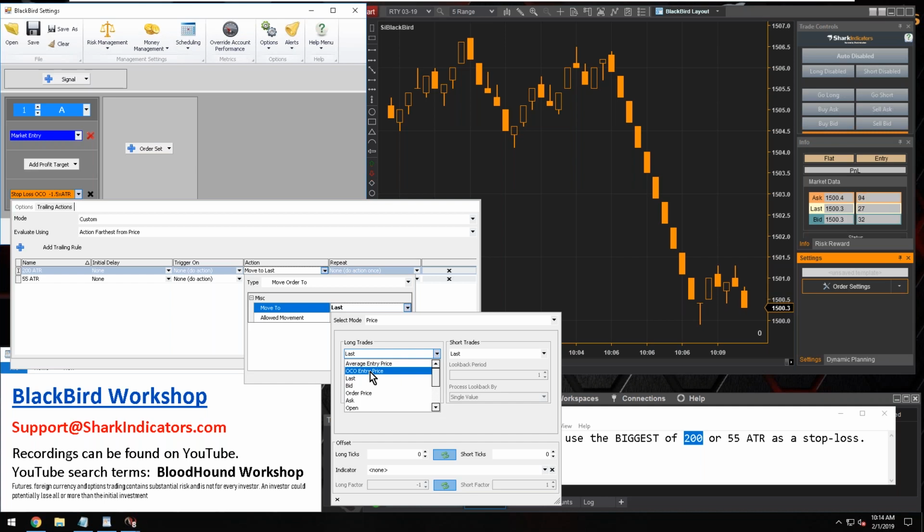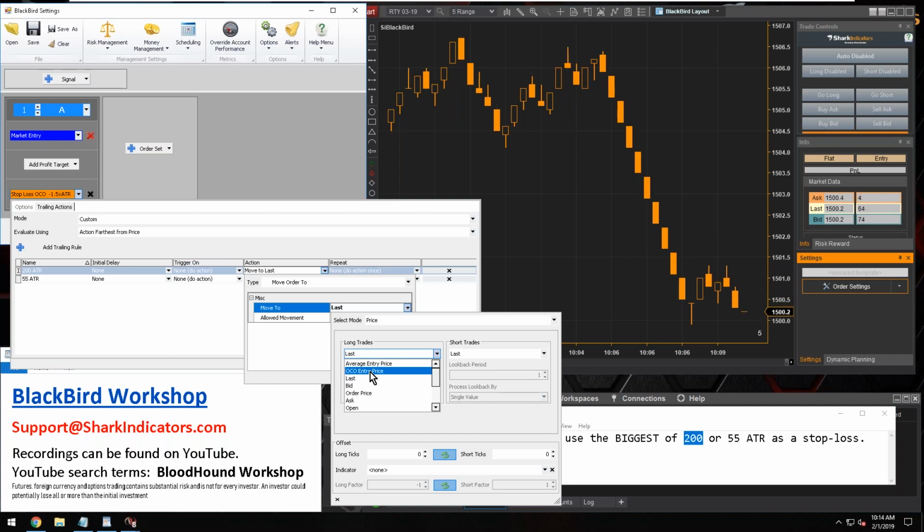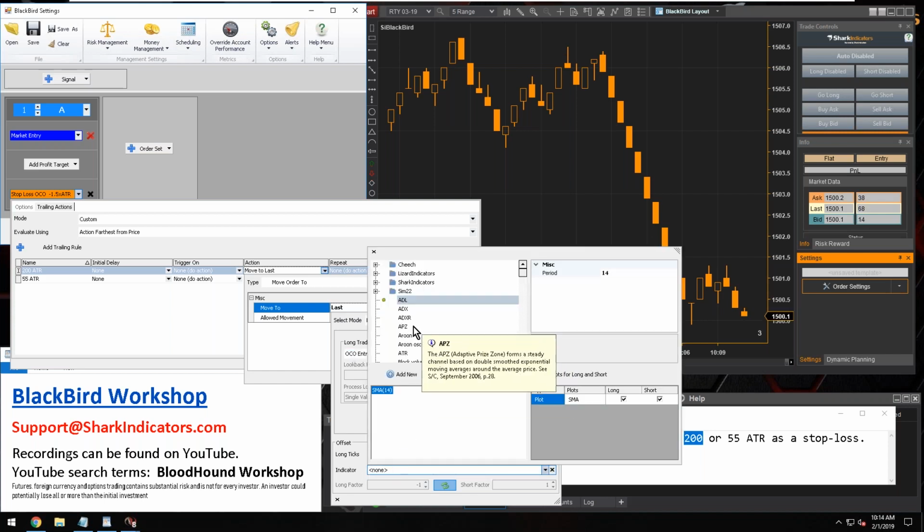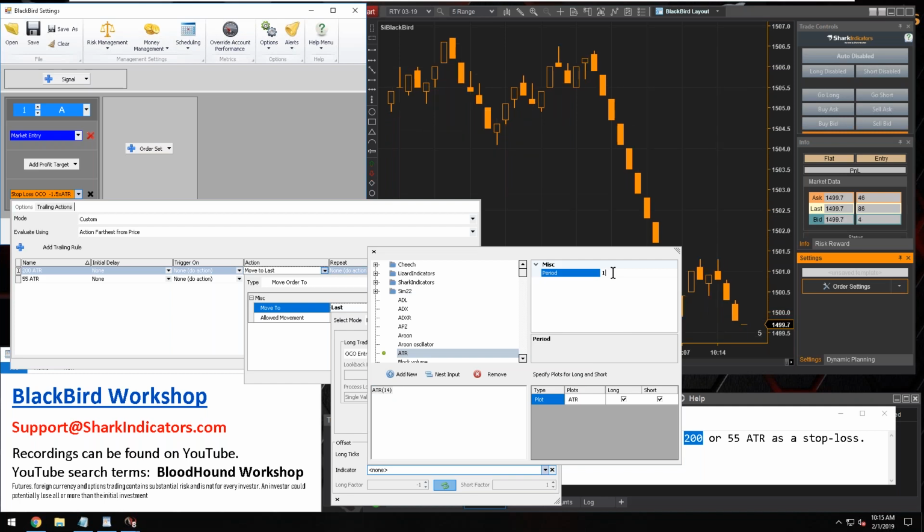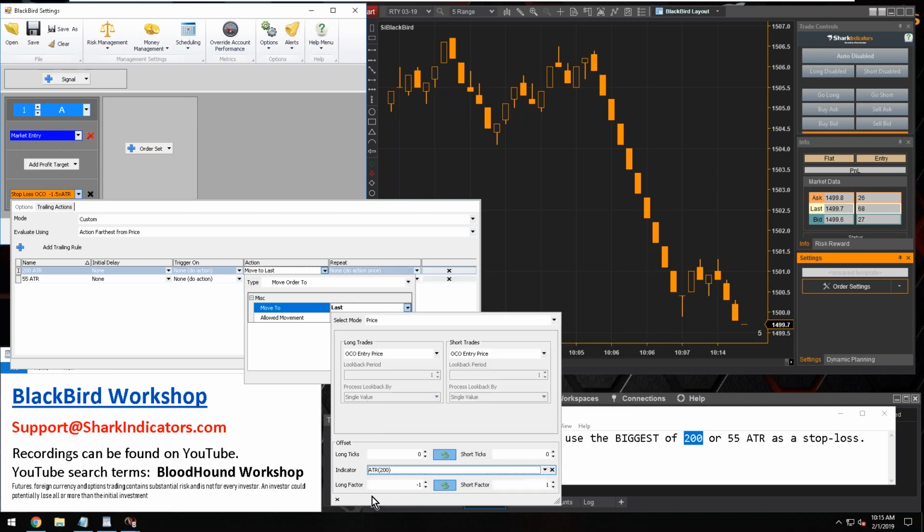Your stop losses are offset from the entry price. So we'll set the entry price there. And then down here for the indicator, let's go find our ATR. There's our ATR. And this first one here is going to be the 200 period ATR.